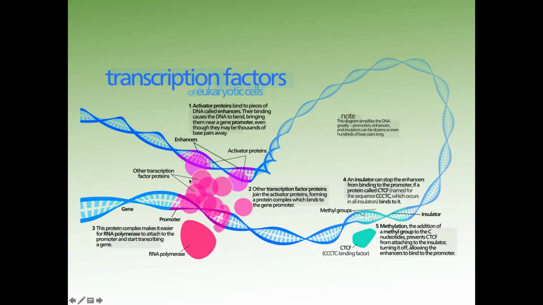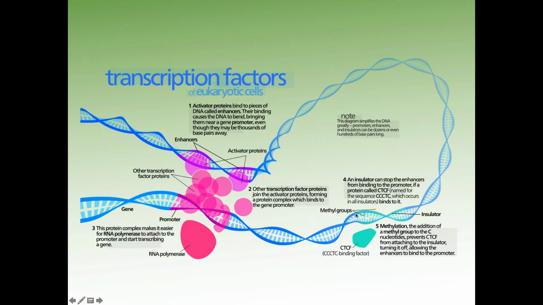And then all of these things will bind up here to this promoter region, right? And you see it forms this big loop here where this enhancer and this promoter come together. As part of the formation of this complex, we can then have the recruitment of RNA polymerase and then the transcription of the gene.